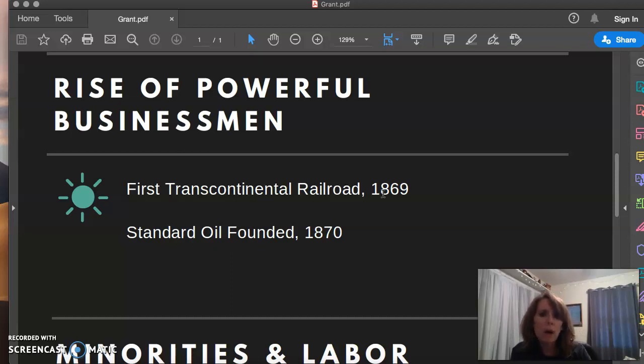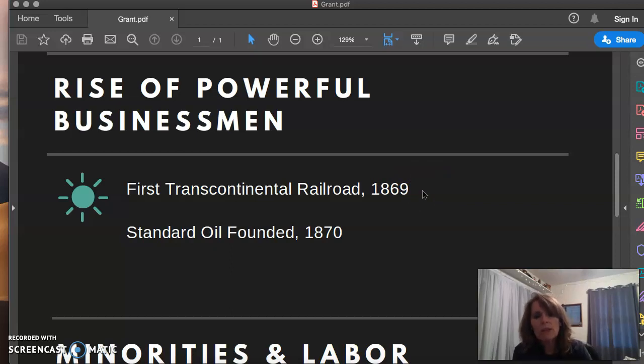And so one of the goals of the Reconstruction era was rebuilding not just the government, but also rebuilding the nation's infrastructure. And by infrastructure, we mean bridges, roads, all those types of things. So the powerful businessmen come forward, and the government really kind of turns the other way and just lets the businessman do what he needs to do to get the economy going.